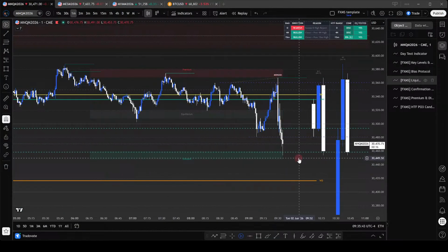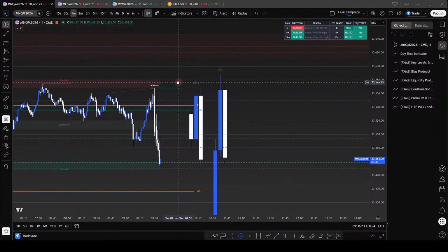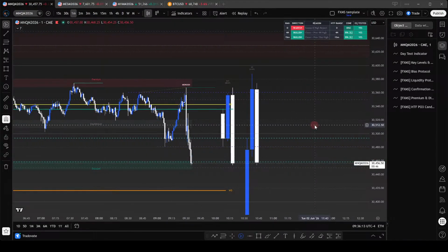So this is an area here we can take London low as a bounce, potentially. See if we get the 50 level test there.